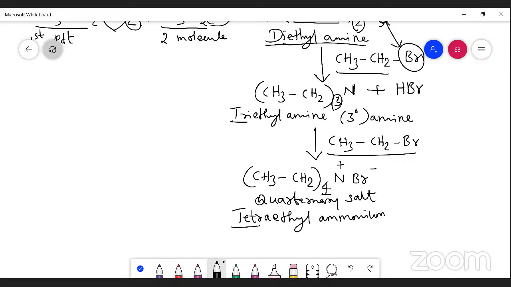That's why tetraethyl, for N ammonium bromide. So this is the specific name of the compound. General name: quaternary salt. Specific name: tetraethyl ammonium bromide. Okay. Now one molecule means only called a substitution reaction. When we add excess haloalkane, we will get diethylamine, triethylamine, tetraethyl ammonium bromide as products.